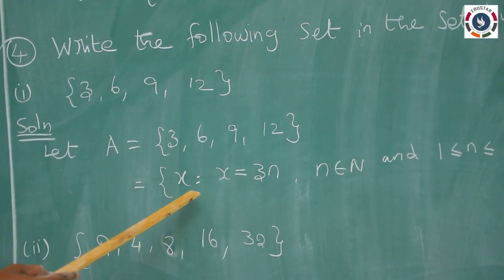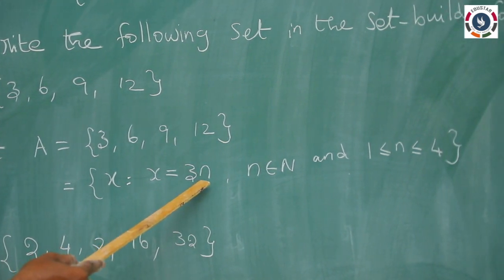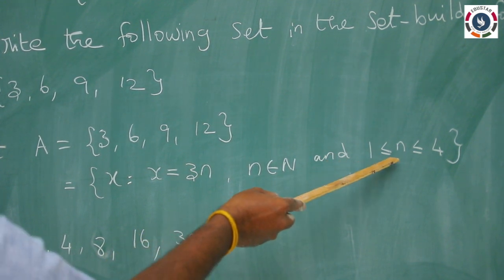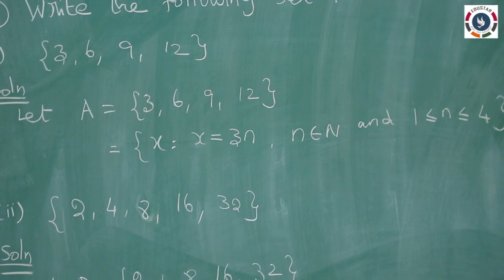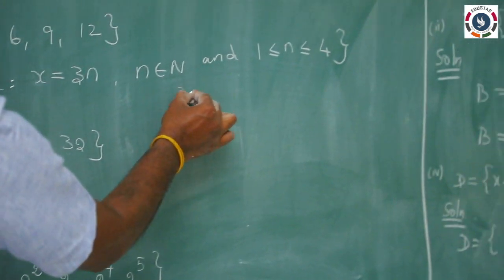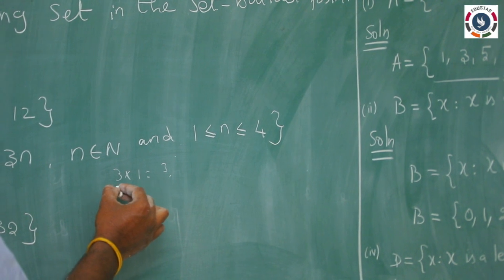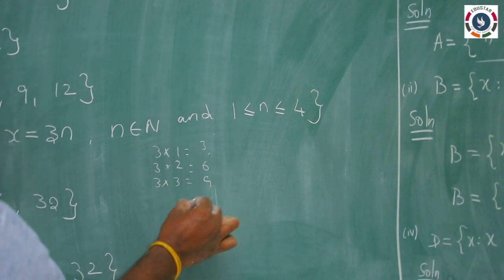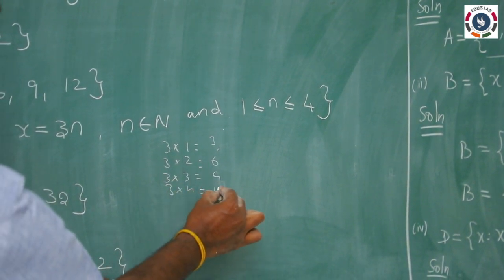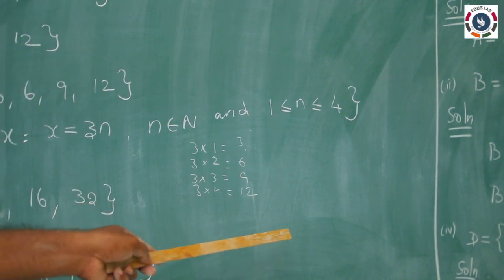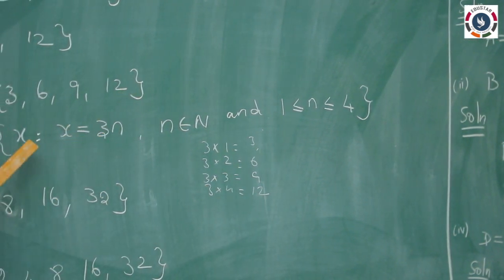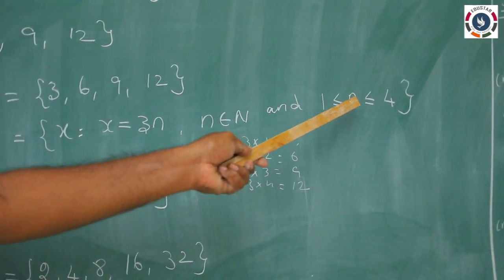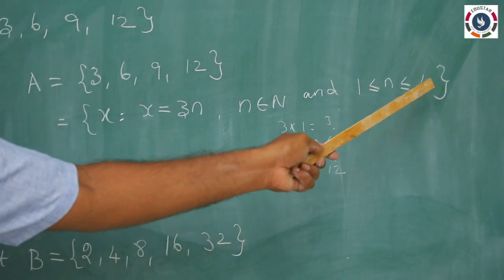This can be written as x such that x equal to 3n, n belongs to N and 1 less than or equal to n less than or equal to 4, because 3 into 1 equal to 3, 3 into 2 equal to 6, 3 into 3 equal to 9 and 3 into 4 equal to 12. 3 into 5 equal to 15 is not in the set. So, A equal to {x : x = 3n, n belongs to N and 1 less than or equal to n less than or equal to 4}.